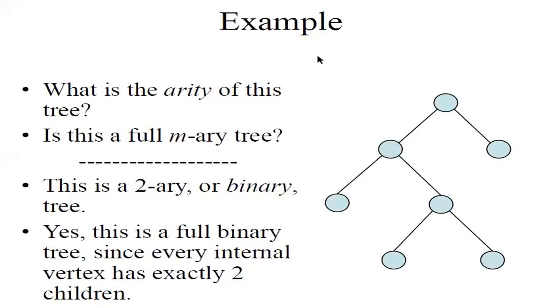Now, with respect to the m-ary trees, we will try to check what is the arity of this tree, that is, what is the m value, and also whether it is a full m-ary tree or not. So since each vertex has 2 children over here, it is a binary tree, or m value is equal to 2.